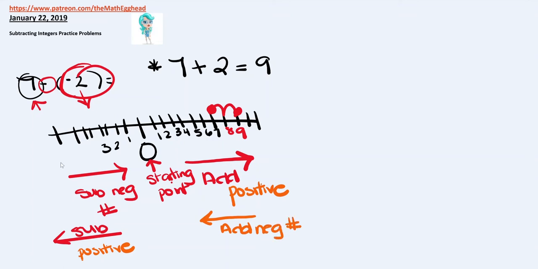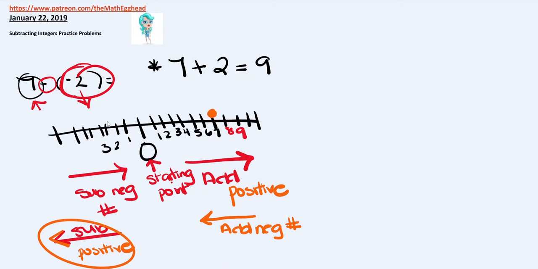If you're subtracting a positive number, you already know, I have it written here, you're going this way. And then there's subtracting negative numbers. So let's start from the beginning. Let's say we have 7. We're subtracting, okay?